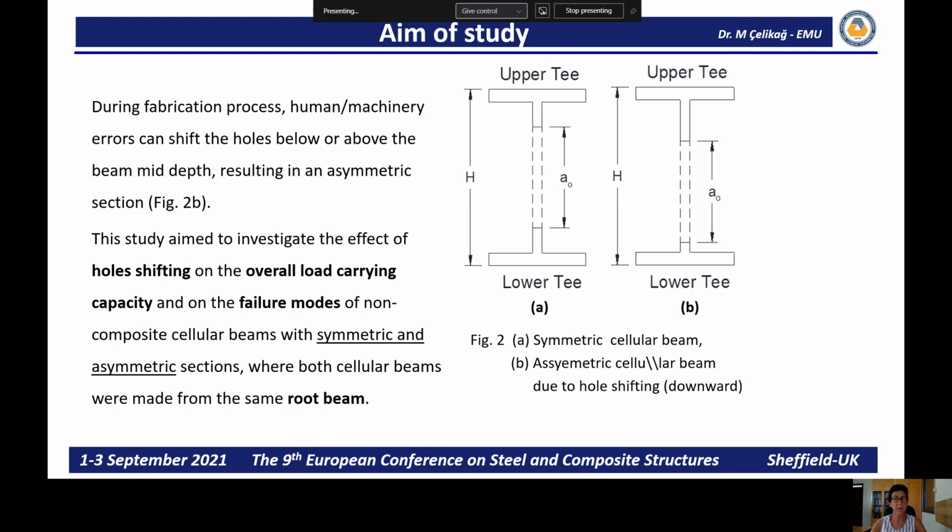Hence, the authors decided to carry out a numerical study on the effect of holes shifting on the overall load carrying capacity and on the failure modes of non-composite cellular beams with symmetric and asymmetric sections. Both symmetric and asymmetric cellular beams were made from the same root beam.